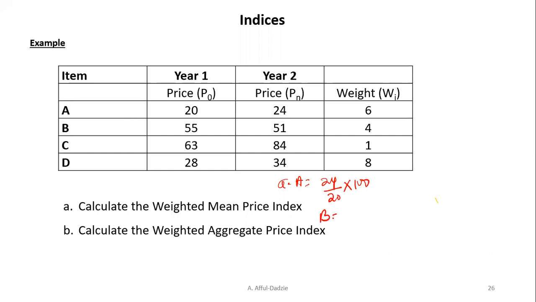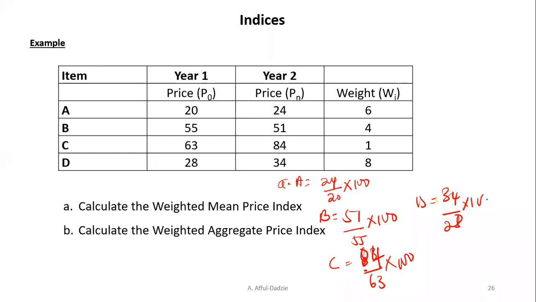And then for B, you compute 51 over 55 times 100. For C, you have 84 over 63 times 100. And then for D, we have 34 over 28 times 100.